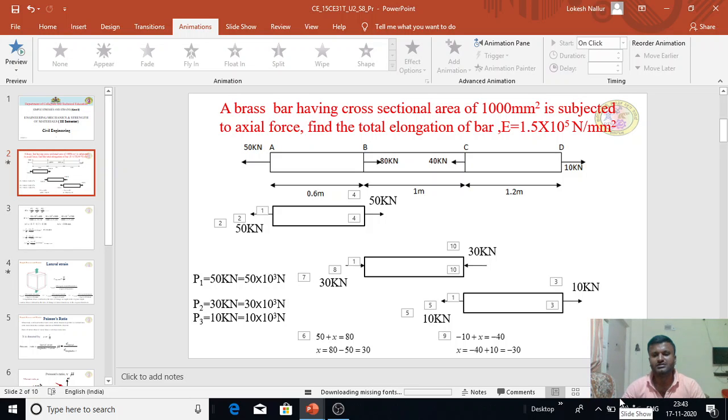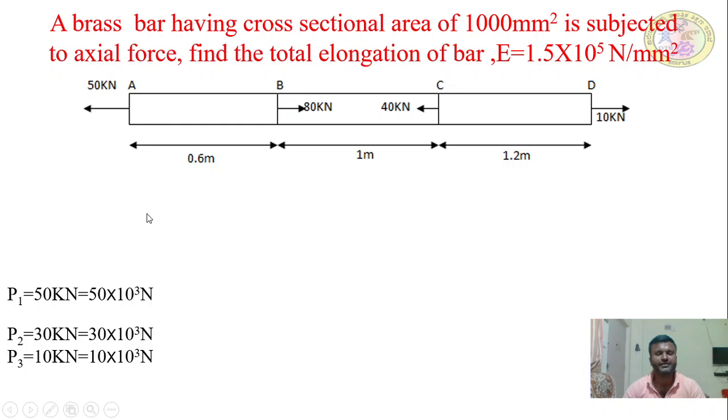Let us start with the slide show. This is the question. The bar having a cross-sectional area of 100 mm square is subjected to axial force as shown in the figure. Find the total elongation of the bar and modulus of elasticity. Young's modulus of elasticity is given as 1.5 into 10 to the power of 5 Newton per mm square.